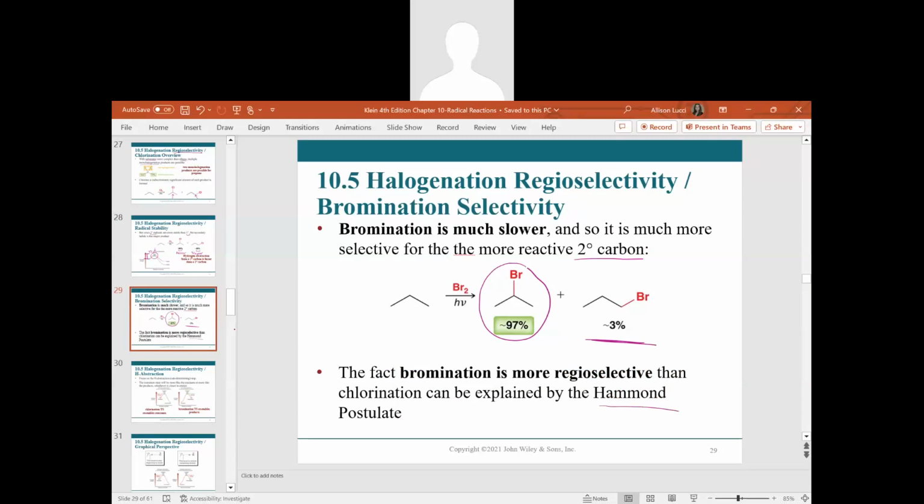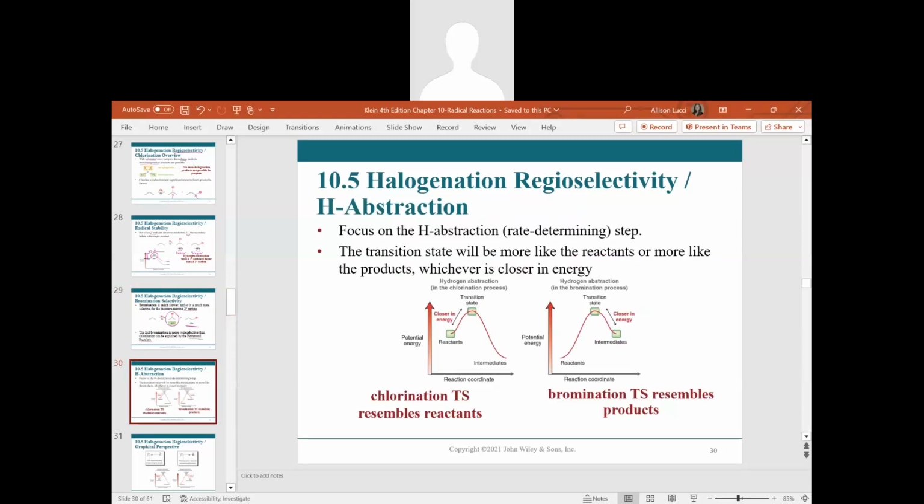And if you recall Hammond's postulate, we'll walk through these next couple of slides quickly and then talk about the important stuff here. So Hammond's postulate told us that if a reactant is closer in energy to the transition state, then our chlorination intermediate here would resemble our transition state.